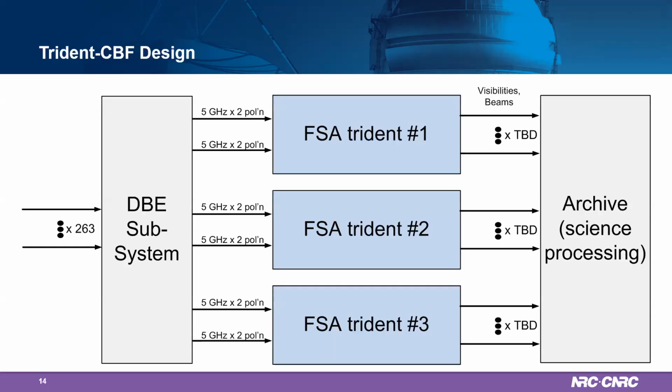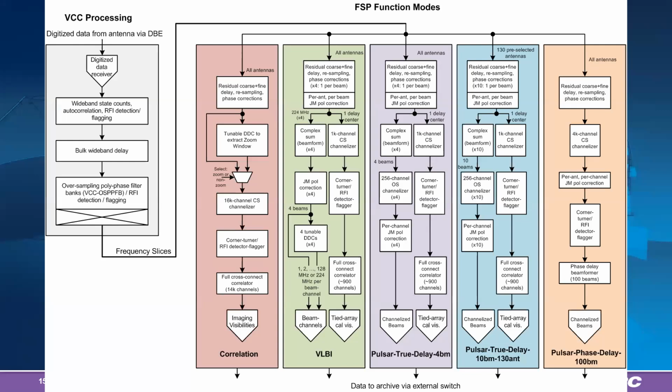This is a top level picture showing the 3 Tridents with data coming in from the DBE subsystem and visibilities and beams going out to the archive or the science processor.